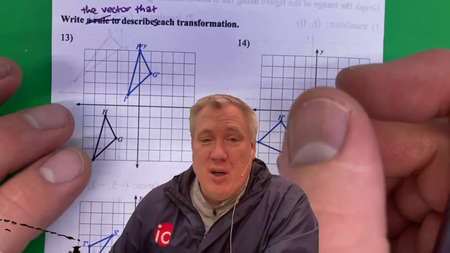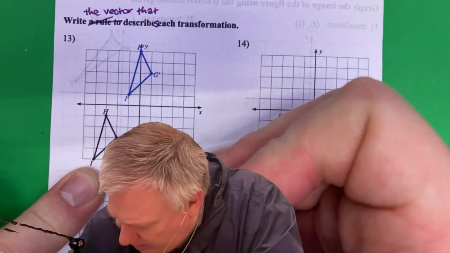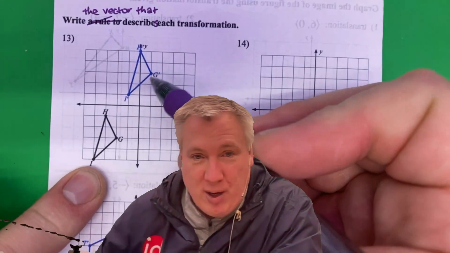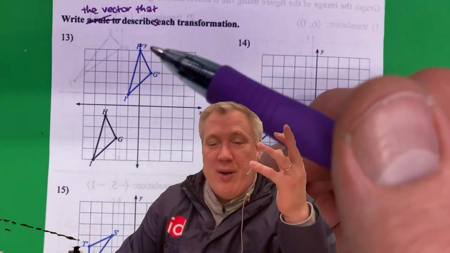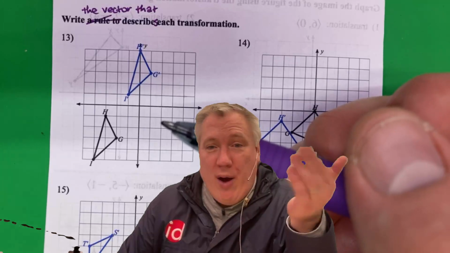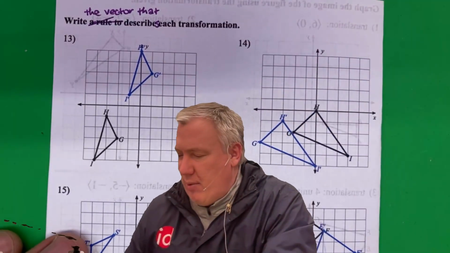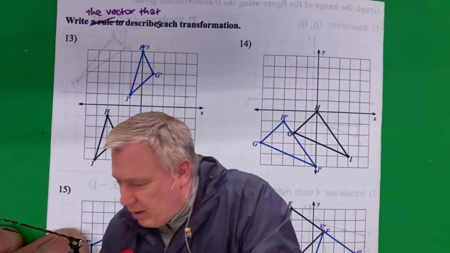So basically you're going to find any point. So here's point G, and here's point G prime. I just have to figure out how far it moved right or left, and how far it moved up or down. Okay, that's it.